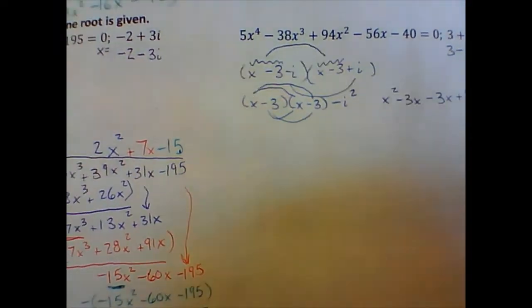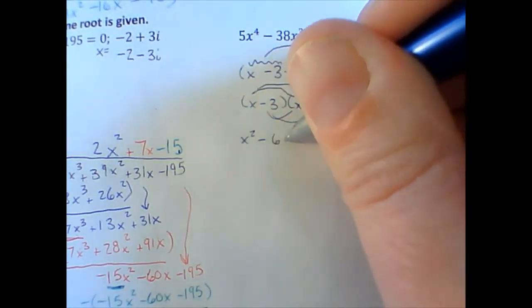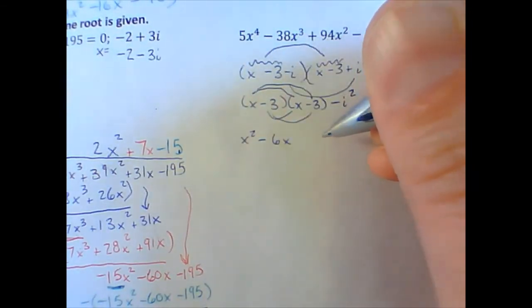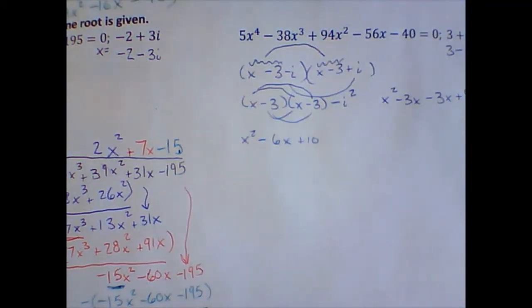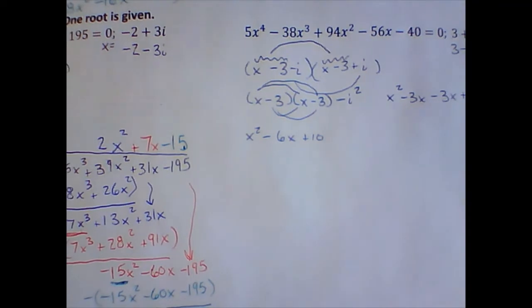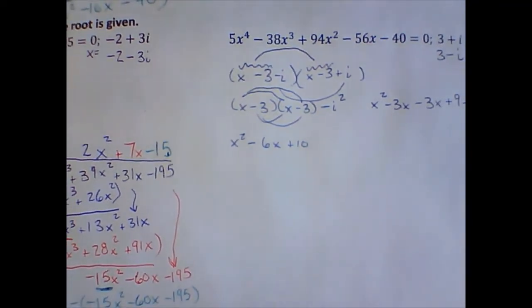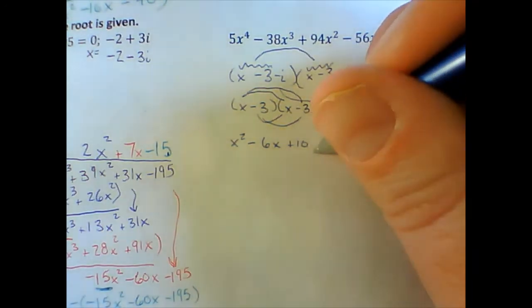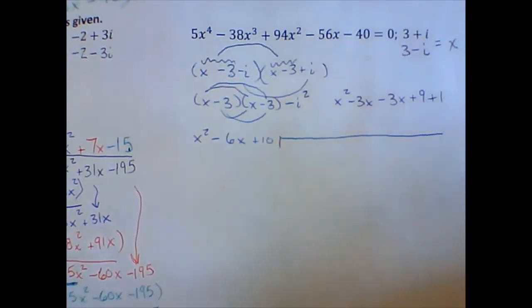Okay, and then I'm going to come over here and write down what it looks like when you've combined the like terms. You get x squared minus 6x, and then the 9 and 1 is a plus 10. That's a friendlier group than these funny parentheses with i's in it. So you want the factors, the groups within the parentheses, you really don't want them to have i's because that's just kind of weird.